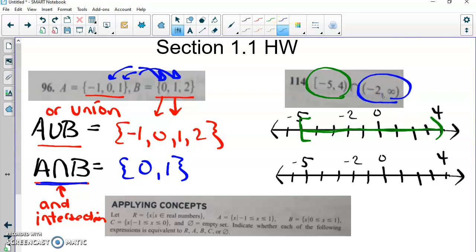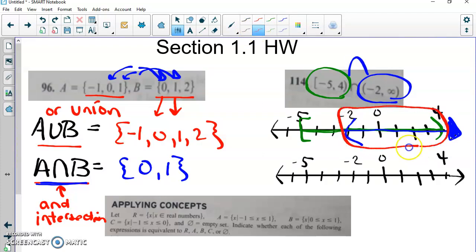This interval on our same number line would be from -2 all the way through 4 and then to infinity, and we are shading in our arrow. We want the intersection because of the symbol like that. So what we are going to do is look and see where is green and blue.